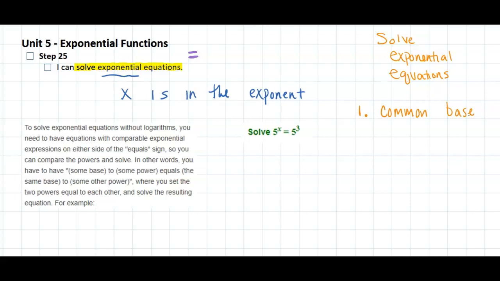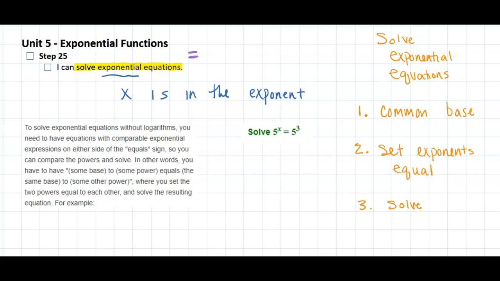So if we have a common base, then we can set the exponents equal to each other and then solve for x or whatever variable was originally in the exponent.